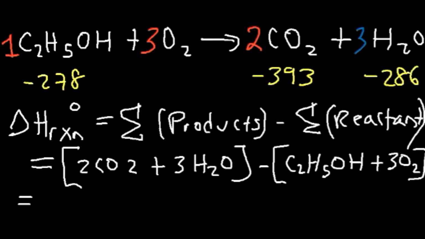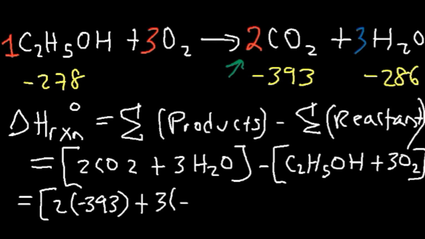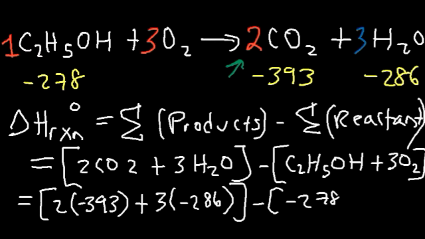So at this point we need to plug in the heat of formation for each substance. So for CO2 it's negative, times 2 because we have a 2 in front, plus 3 times the water, and the ethanol is negative. And now for any pure element in its natural state, the enthalpy of formation is 0.